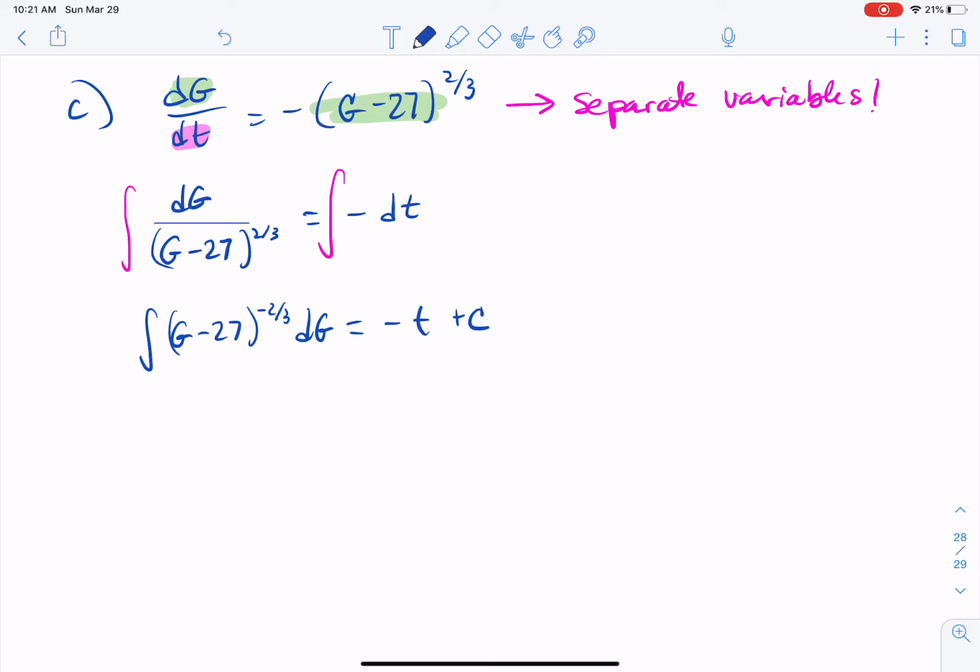And speaking of points, if at this point you forget your plus c, you get no more points for the whole rest of the question. They're trying to make you understand that plus c is super important.